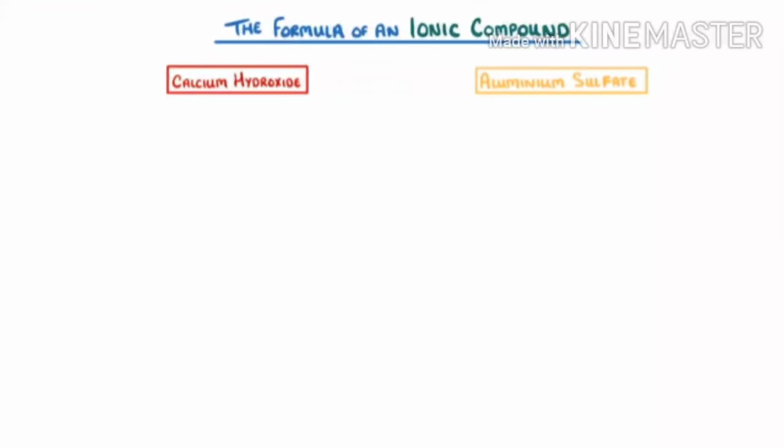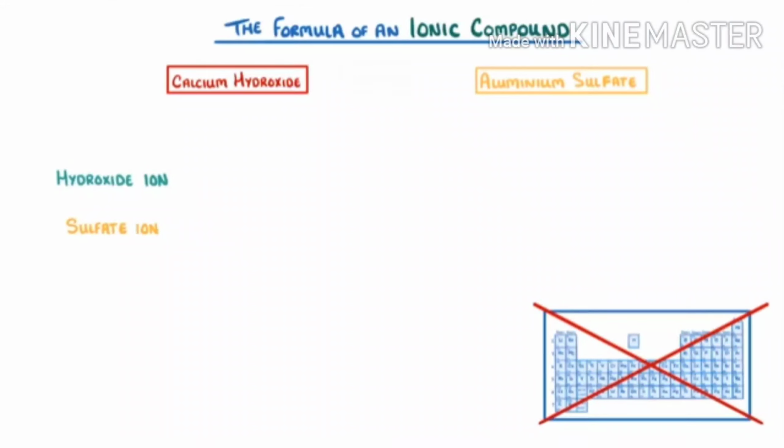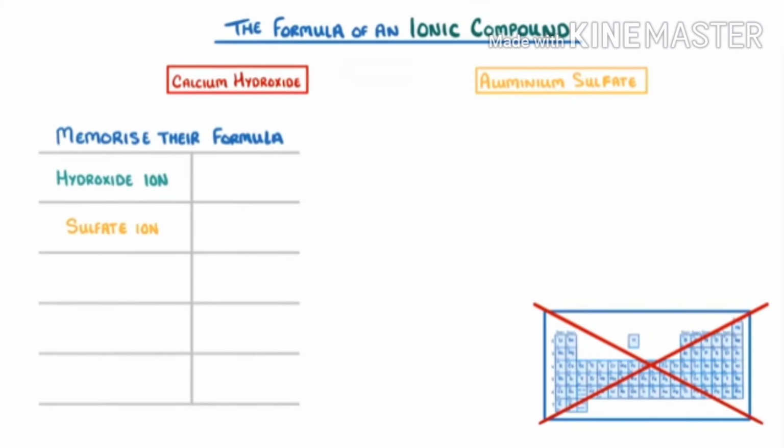But for complex ionic compounds, for example, calcium hydroxide or aluminium sulfate, in these compounds, ions are not in elementary state, they are complex. For this, we have to memorize their symbols.